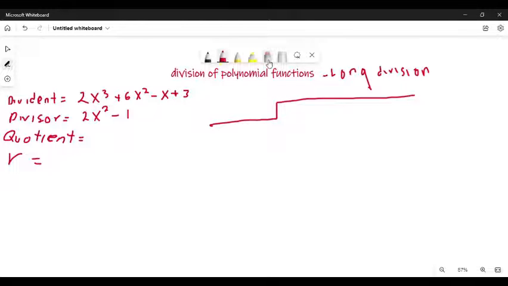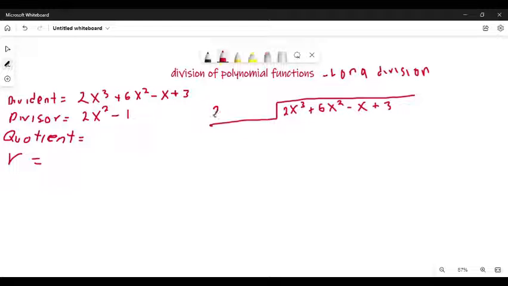Okay. We just rub this part. Okay. So you write your dividend down there, which is x to the power 3 plus 6x squared minus x plus 3. So follow me attentively on this one.